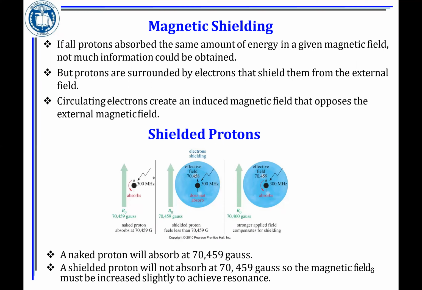Okay. Now, the amount of energy needed to take the magnetic field of the atom from alpha state to beta state is different for different hydrogens. And what do we call different hydrogen? Let's say you have hydrogen that is attached to carbon only, and then you have another carbon here.